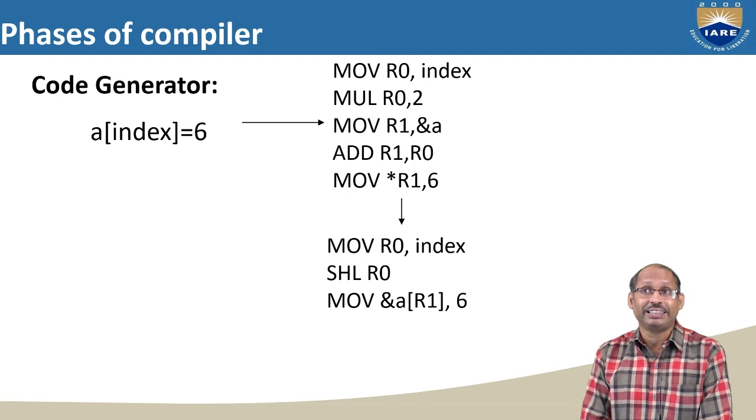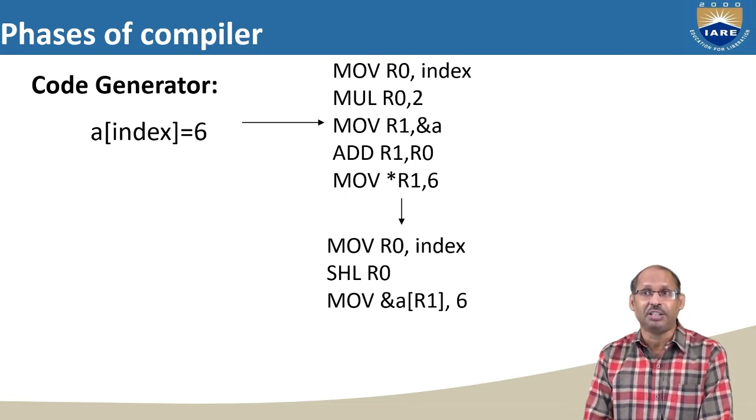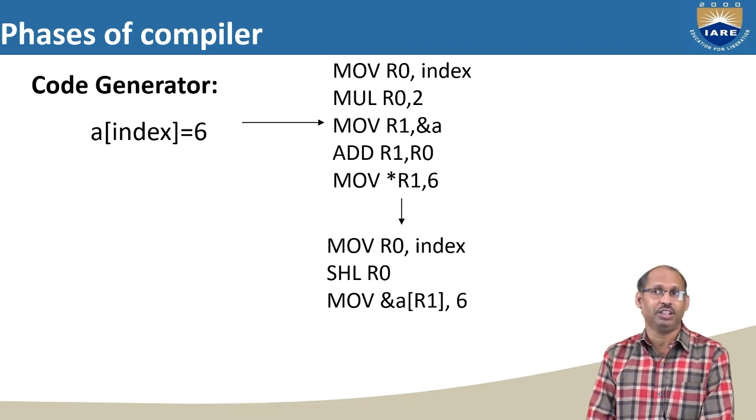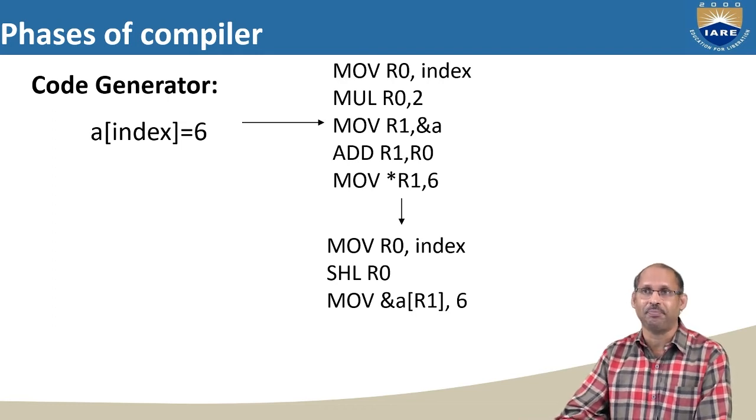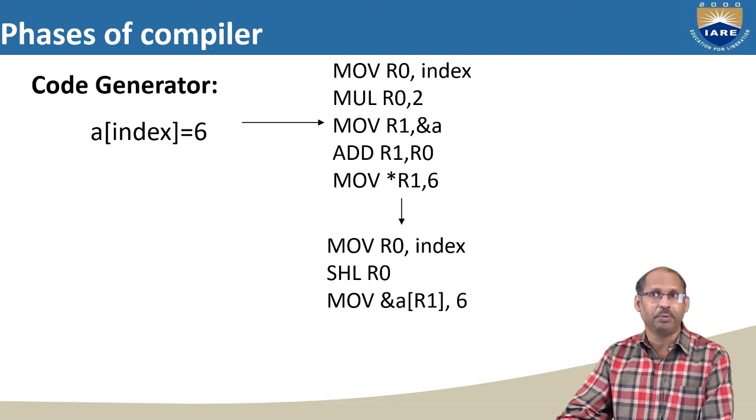So the 6-statement assembly language program is converted to 3 statements. We will have the separate code optimizer, and then also we will use some optimizing methods in the code generator to apply on the machine code or assembly language statements.